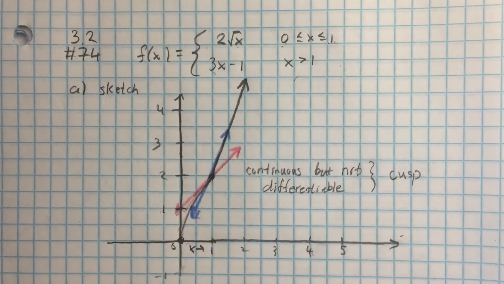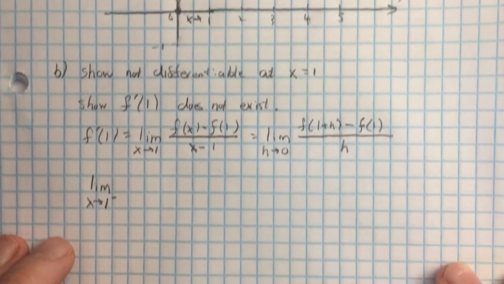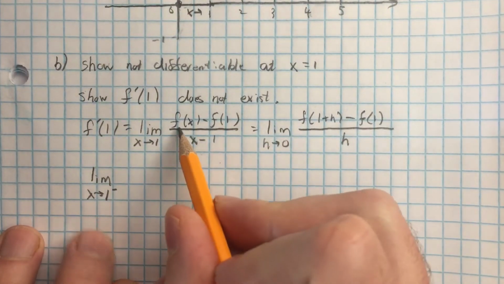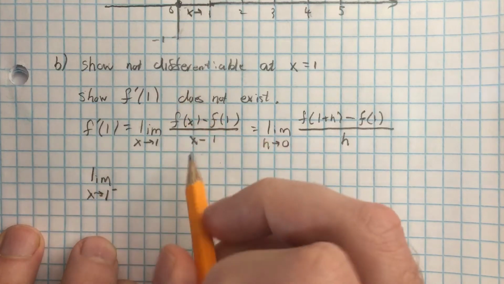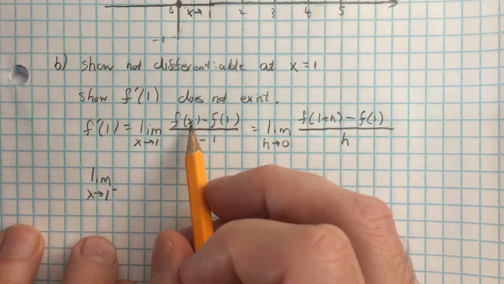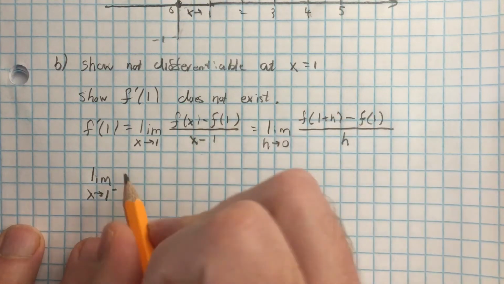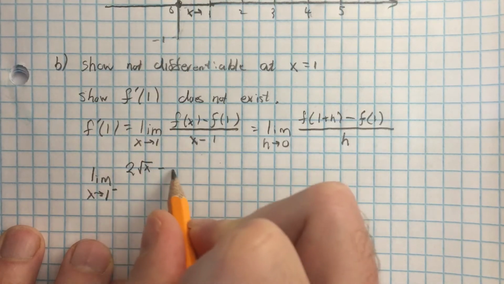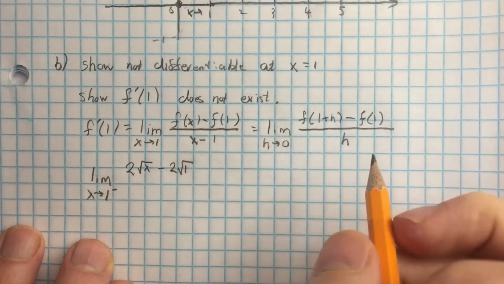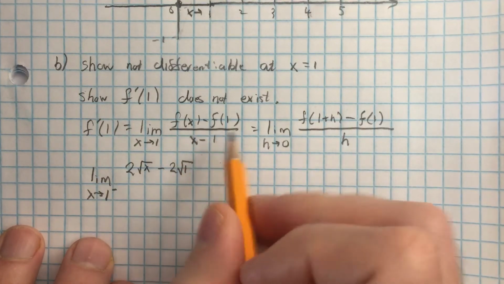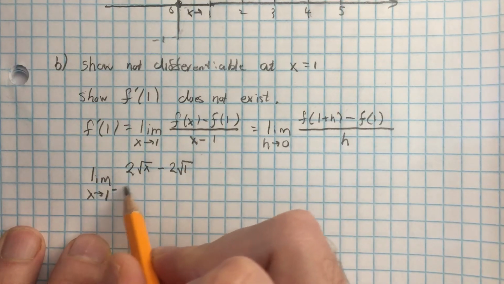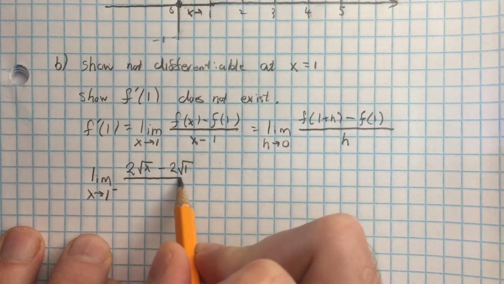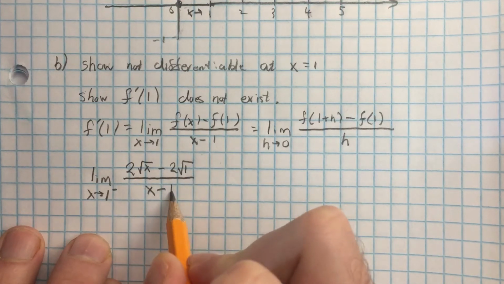So I will replace the function symbol here, f of x, for this piecewise function, with the appropriate rule, which is 2 root x in this case. So I have 2 root x minus 2 root 1. I'm just filling in f of x and f of 1 for the correct piece of the function. And x minus 1 down here stays the same.